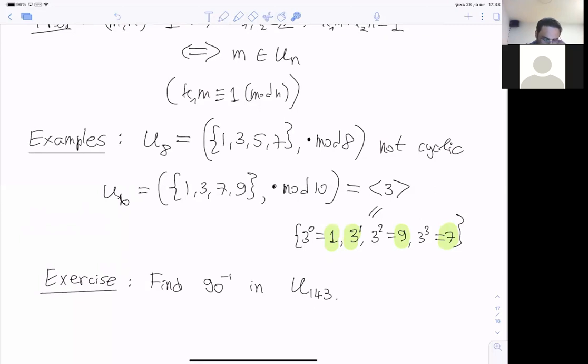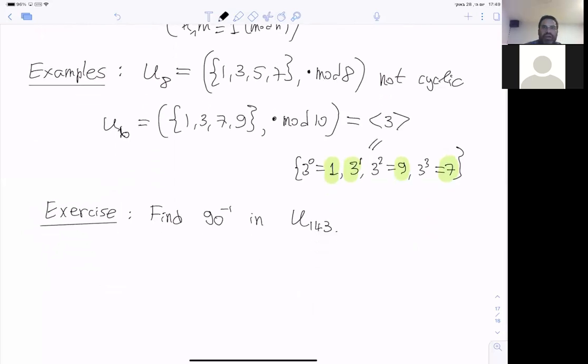First, is it invertible here? The answer is yes, because 90 is coprime to 143, so it belongs to this group. But how do I find a number that multiplied with 90 will be 1 modulo 143? What do you say? How can I find this inverse? I'm searching for a number that multiplied with 90 will be 1 modulo 143.